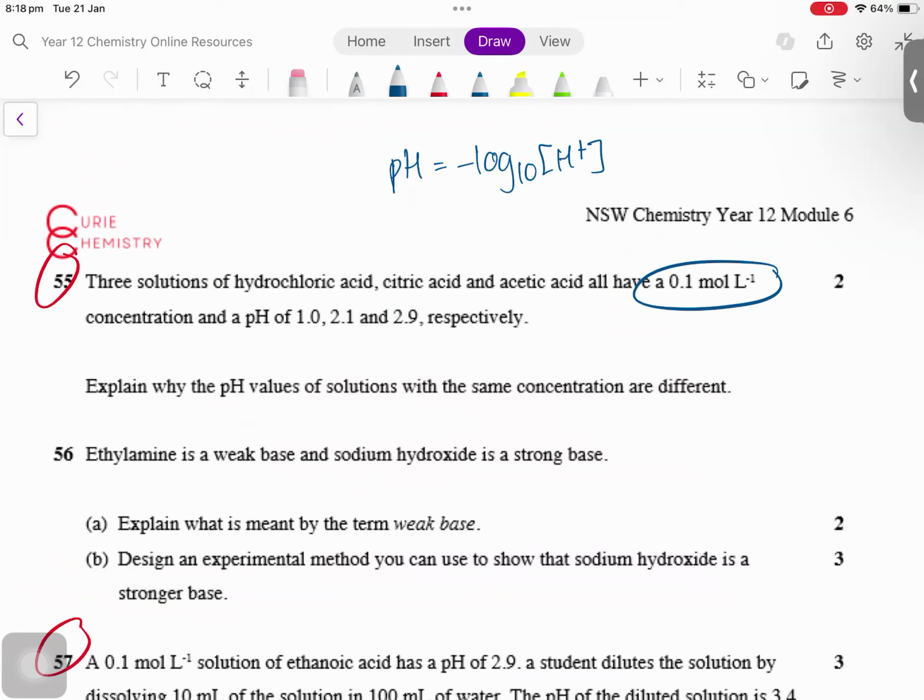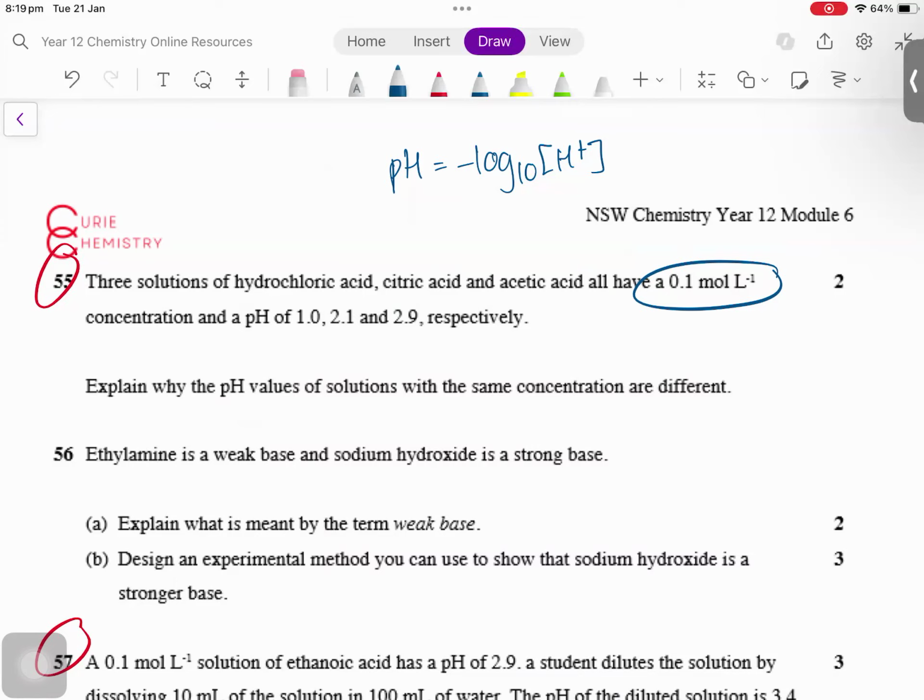So the fact that the concentration is the same, but the pH is different tells you that that's not the actual number that you want to put in. If that was the number you wanted to put in and you put in 0.1 for each of them, you should get the same answer because it's the same number each time. So the fact that you don't get the same number implies that that's not the number that you want.